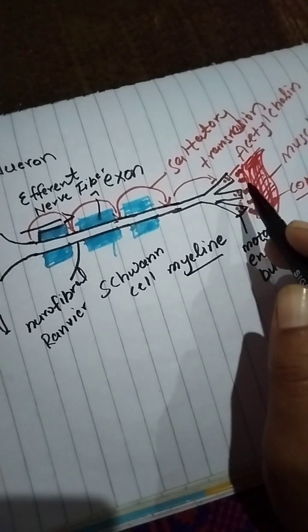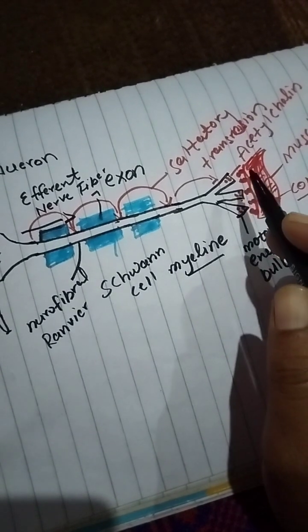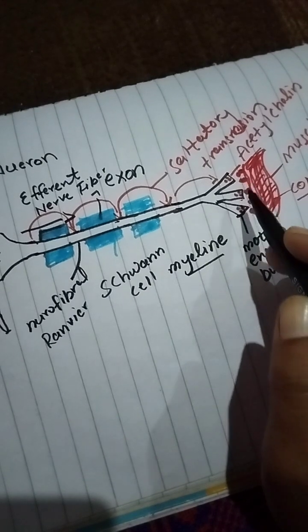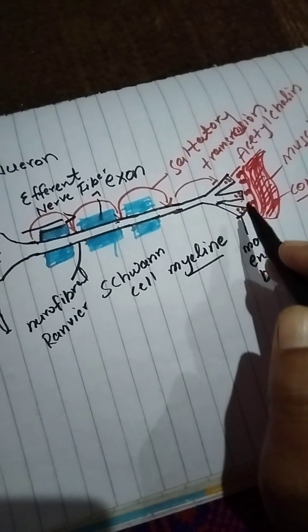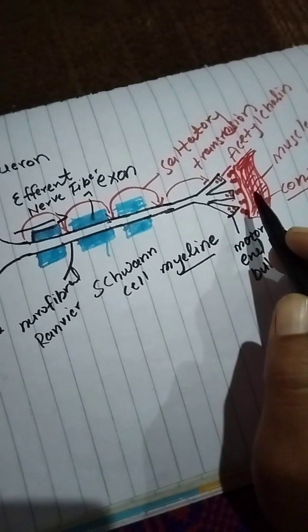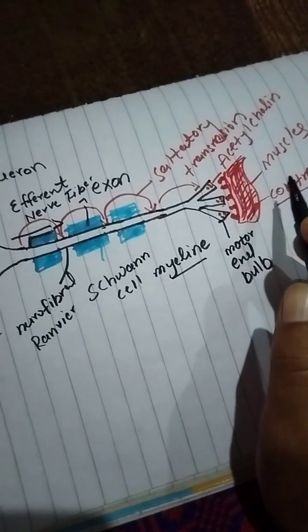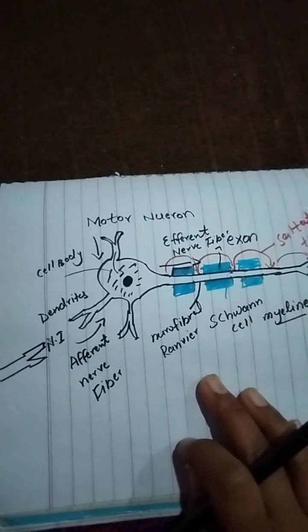The small gap between the muscles and the nerves is called the neuromuscular junction. This small gap is also called the synaptic gap, and the muscles start to depolarize. In this way, muscles contract. So this is the motor neuron.